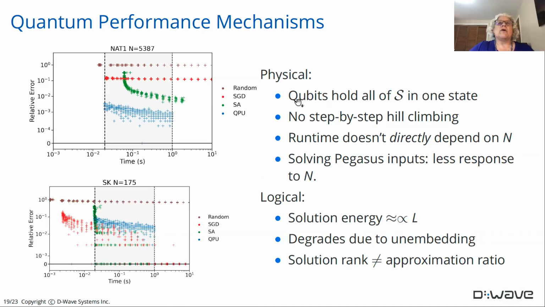Basically, the qubits are holding the whole landscape in that one superposition state, and there's just not that same loop. There's nothing like that iteration where you have to increase the number of analog sweeps in order to explore a big enough proportion of the state space. It just doesn't work like that. And so runtime does, of course, depend on n, the anneal time to get a good quality solution.